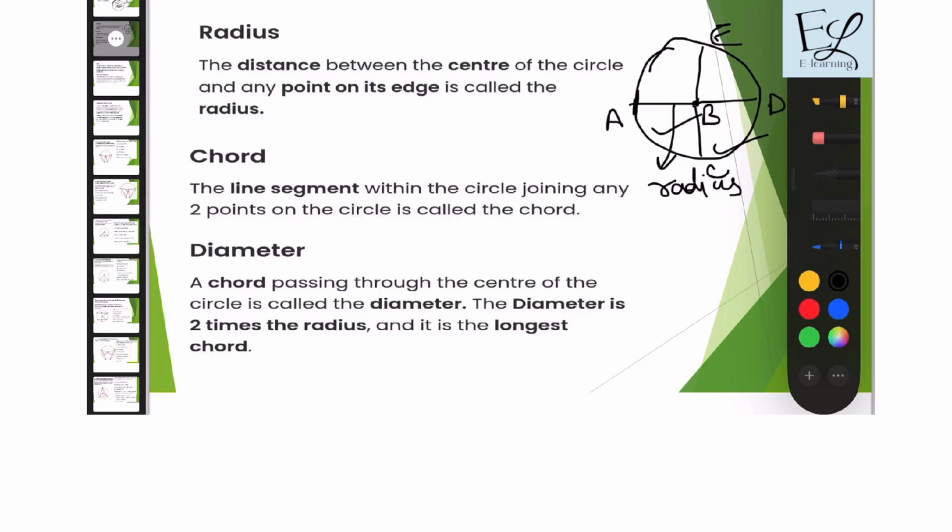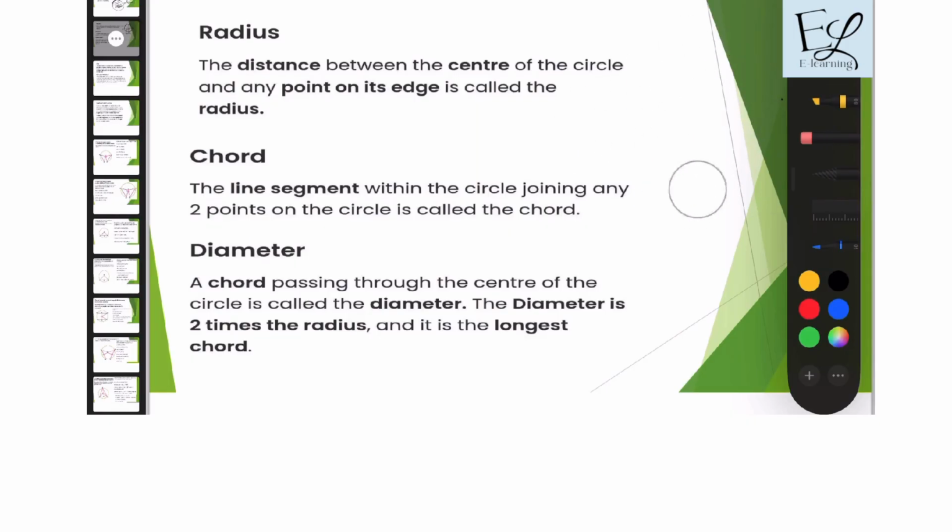Next is chord: the line segment within the circle joining any two points on the circle, right? Look at this. Suppose this is the circle and this is the center. Chord means this one, joining two points on the circle without passing through the center of the circle.